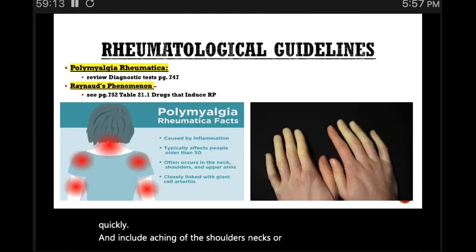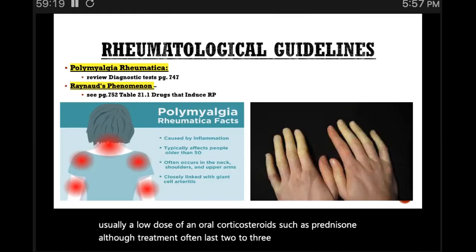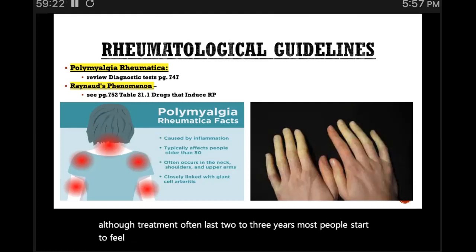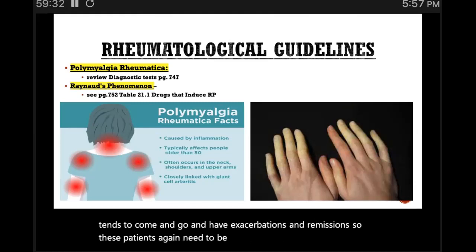Treatment is usually a low dose of an oral corticosteroid such as prednisone. Although treatment often lasts 2 to 3 years, most people start to feel better within a day or two. This type, polymyalgia rheumatica, tends to come and go and have exacerbations and remissions. So these patients, again, need to be followed by a rheumatologist.